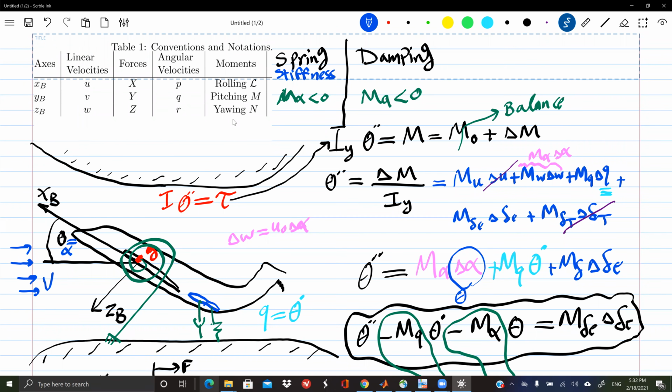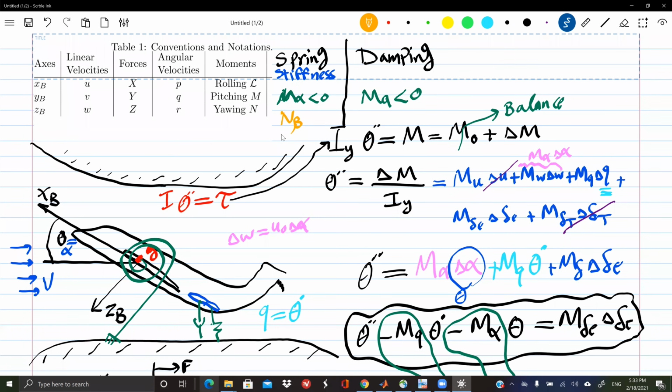What about yaw? Can you tell me about yaw stiffness? It will be a moment N due to an angle in the same direction. What would be that angle? It'd be beta. Exactly. So this is indeed my yaw stiffness, or weathercock stiffness. Remember the name?